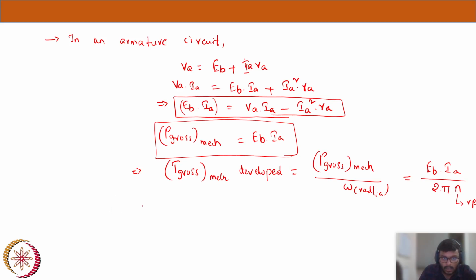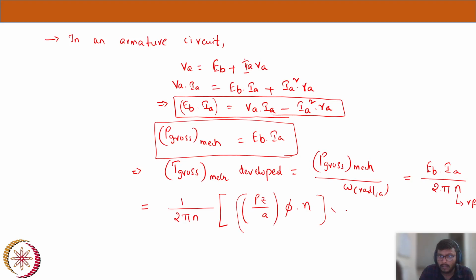Now, do you remember the discussion from two weeks before, the first session on DC machines? In that we derived the equations for the induced EMF, torque, and also force. If you remember, the equation of EB, the EMF induced, is PZ by A, that is number of poles multiplied by conductors divided by parallel paths, into phi into N. This is nothing but EA, and IA is already there.